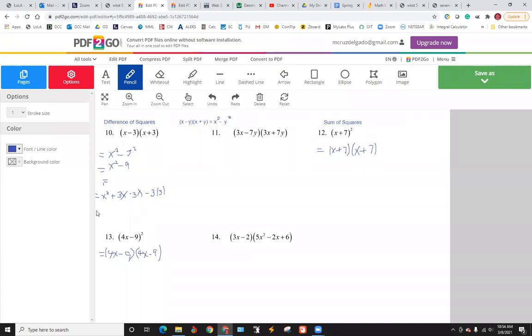So what happens here? You got X squared, and you got a plus 3X and a negative 3X. These cancel each other out. So all you're left with is X squared minus 3 times 3, which is 9. So that's why this formula works.